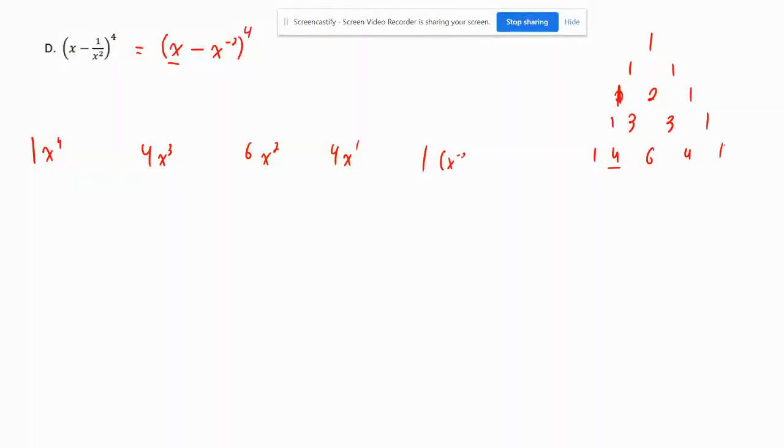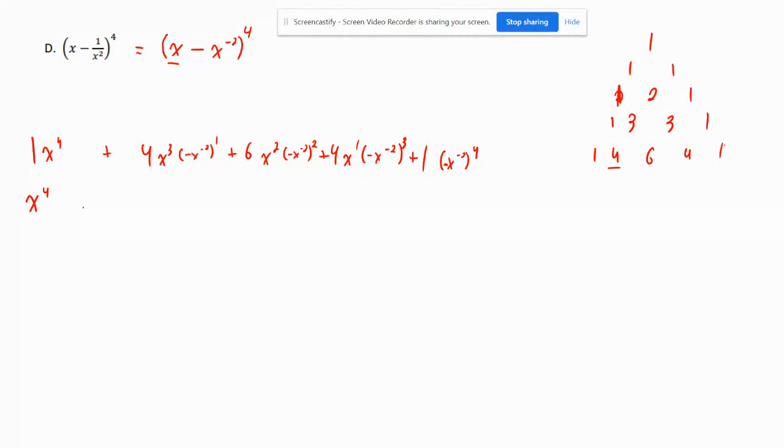We come back the other way. We have negative x to the negative 2 to the 4th. We have negative x to the negative 2 cubed. Pluses in between. Here, we get negative x to the negative 2 is 1.